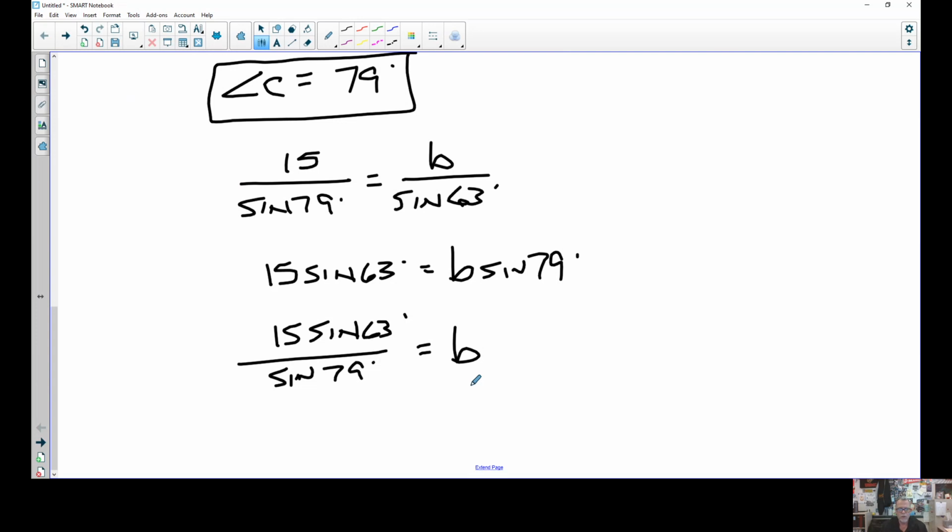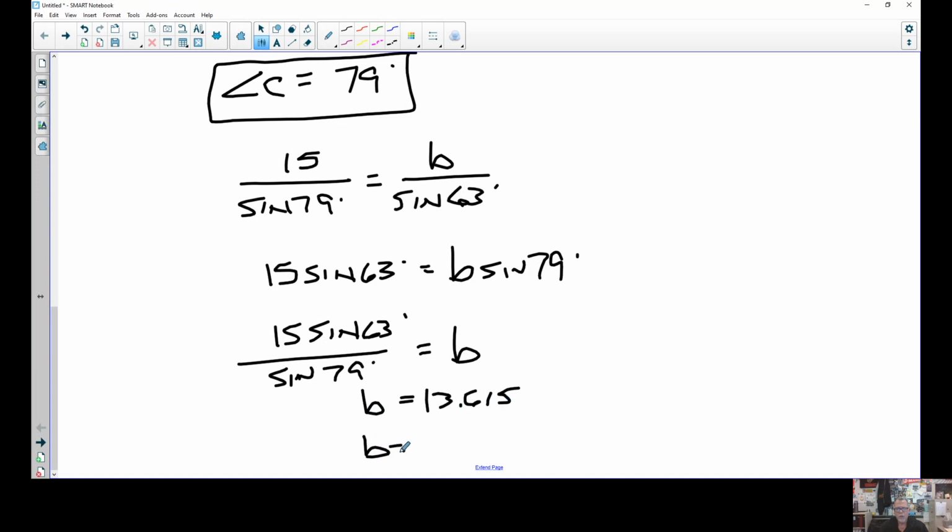You always have to double check that you are in degree mode when we're using degrees. So I have 15 sine 63 degrees, divided by sine of 79 degrees, and we're going to get 13.615. So B is equal to 13.615.